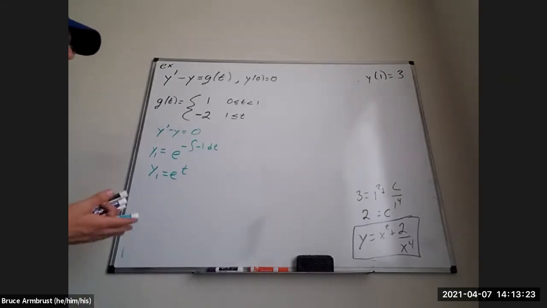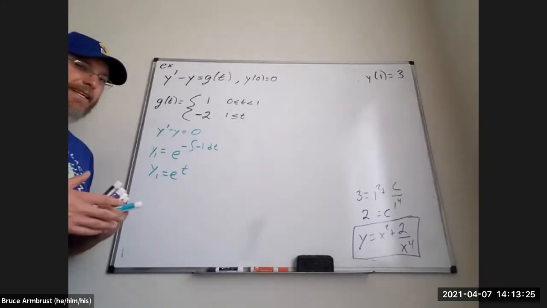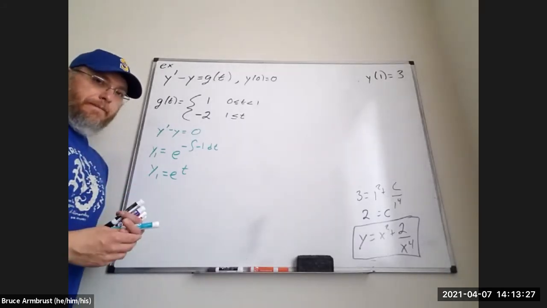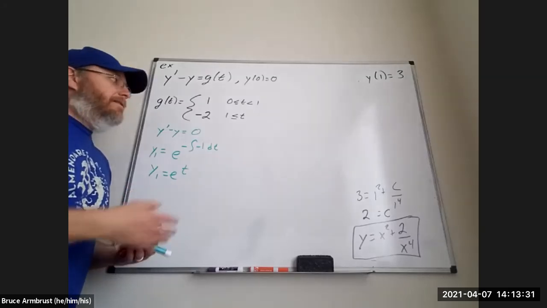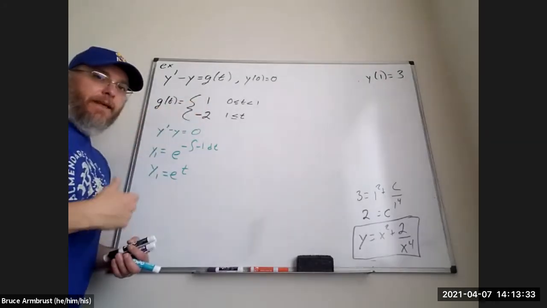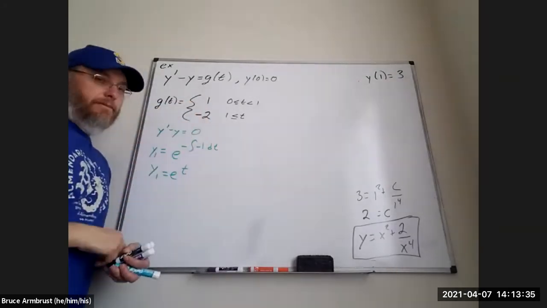Okay, so now let's split it into the two separate pieces. So I'm going to find a U1 for the first one and a U2 for the second one.